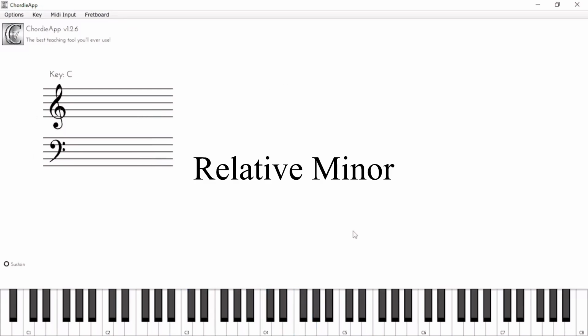They share the same notes, because look, the only difference is where you start and end. On C, you start and end on C. But in A minor, the relative minor of C, you see how that goes?